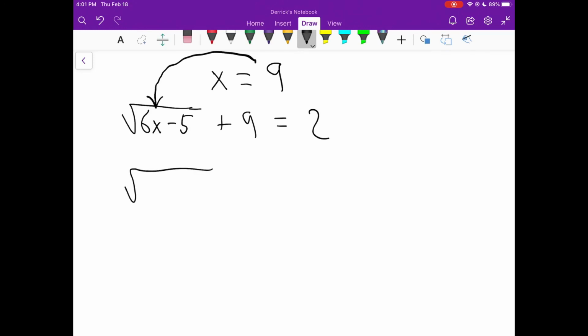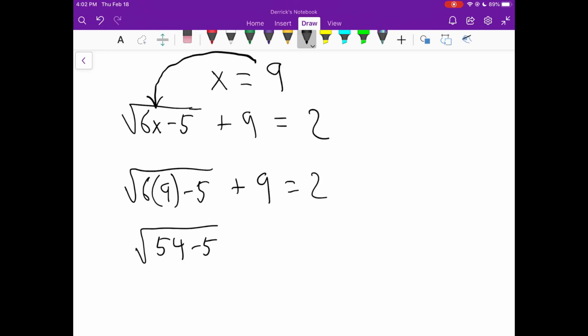That means we would have the square root of 6 times 9 minus 5 plus 9 equals 2. 6 times 9 is 54. So we have 54 minus 5 inside the square root, and the plus 9 equals 2. We're just rewriting at this point.